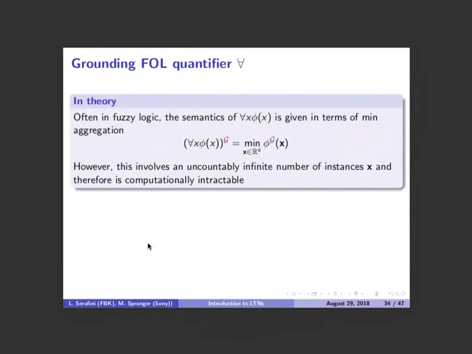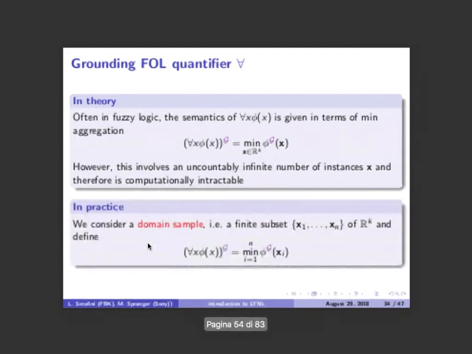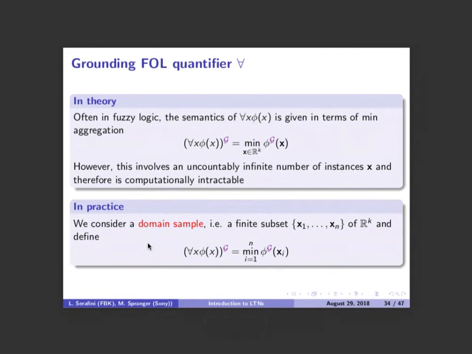So if we take the classical interpretation here, then we are talking about an infinite number of instances X, which is intractable. So in practice, we will take the available data.